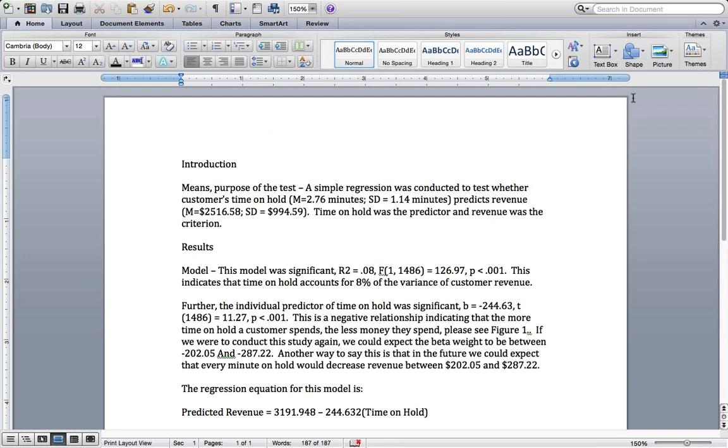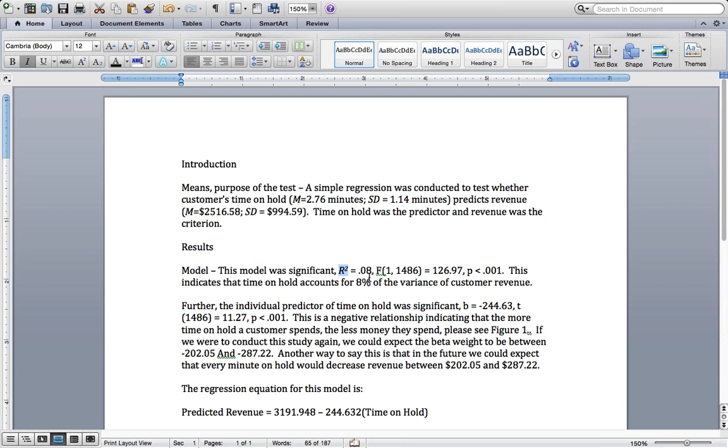But I want to go back and obviously your mean and your standard deviation are italicized. The other thing is make sure that this R is a superscript, meaning that it's up high, it's not down below.